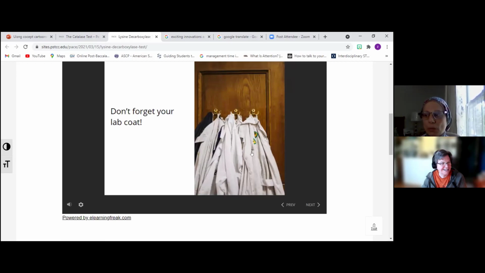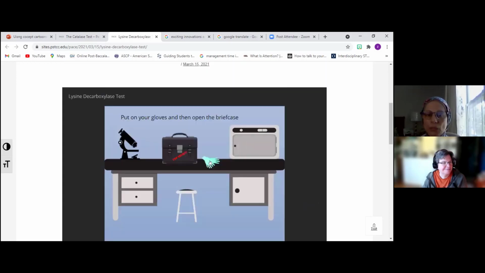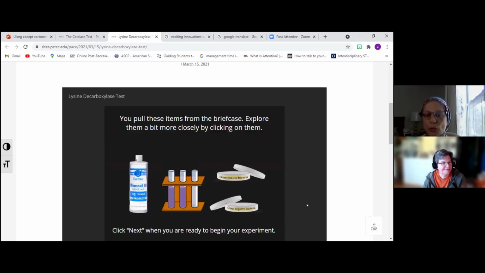Starting with lab safety, where a student needs to put on their lab coat and gloves, to the procedure where the student learns how to do the technique.